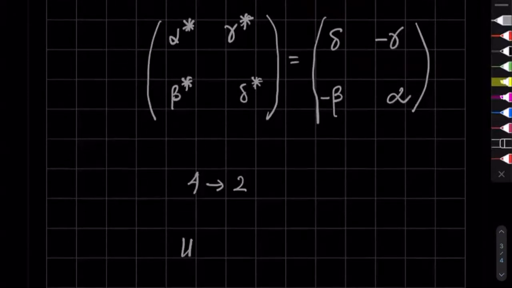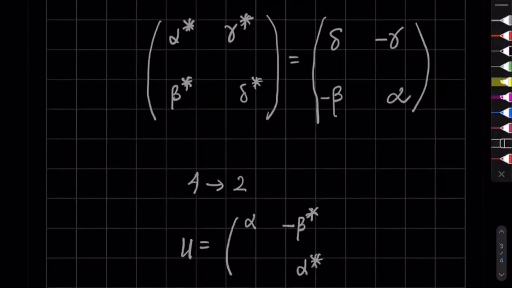And then we can write U as alpha, beta, gamma, delta.